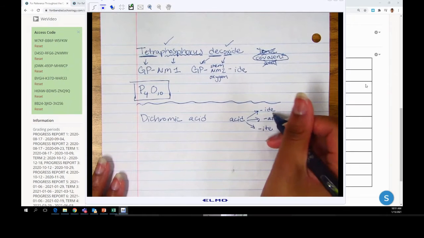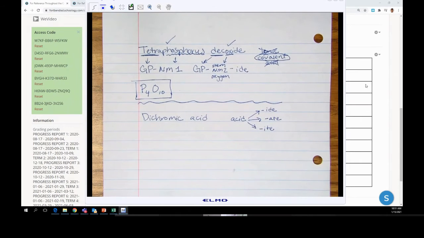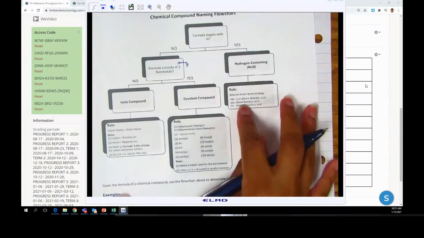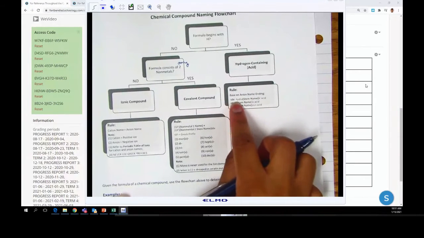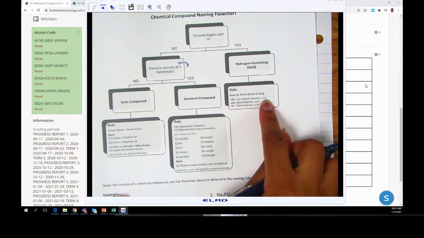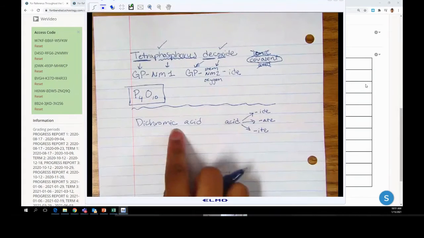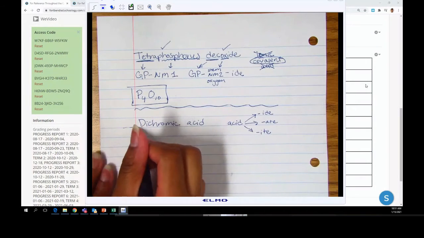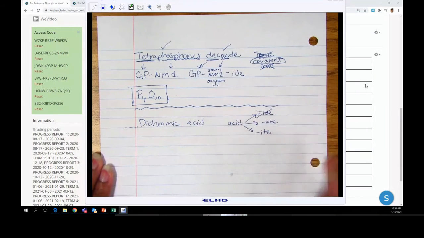Remember, if it ended in "-ide", of course, if you forget, you can always go back to your chart and check out your rules here. But if it ended in "-ide", we would have hydro in the front and it would end in "-ic acid". But I see "-ic acid", I don't see a hydro in the front here. So I'm not dealing with my "-ide" rules.